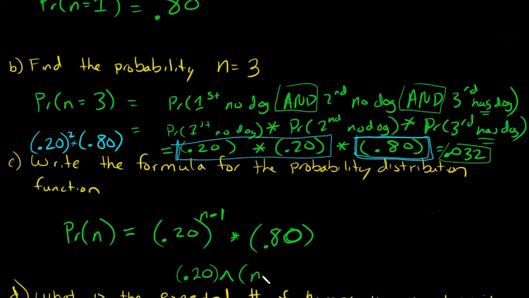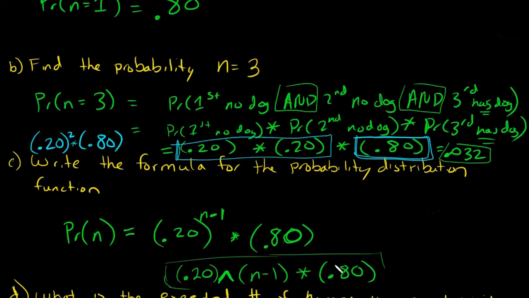Then you write n minus 1, then the multiplication symbol, which is shift and the number 8, and then a parenthesis and 0.80. This is the way you would write this out on a computer.